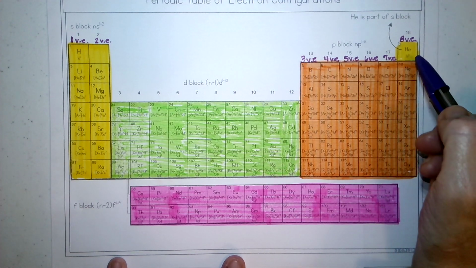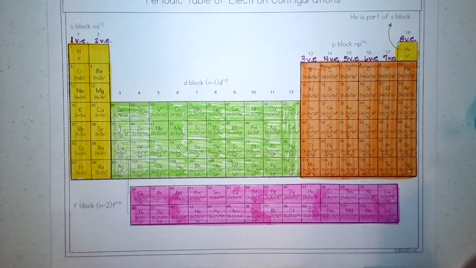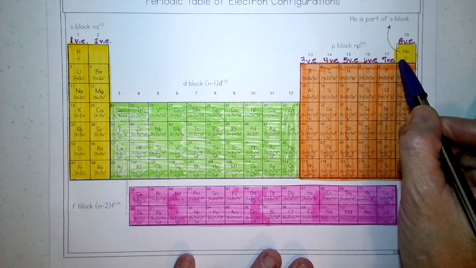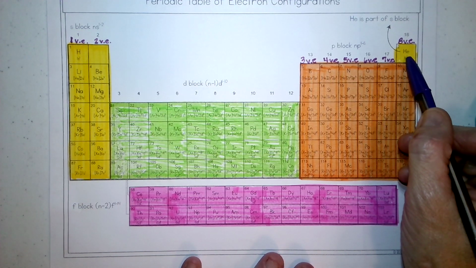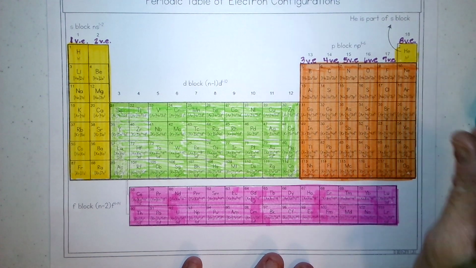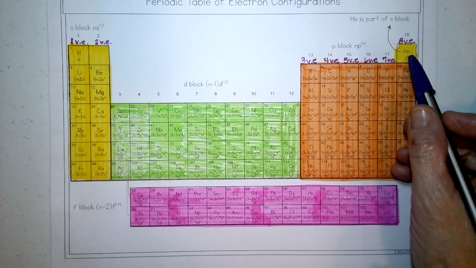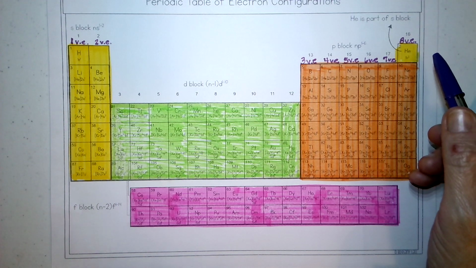Okay, now you see that this yellow is highlighted, and we'll get to what those different colors of the highlighting mean. But you see that helium is also yellow. And helium, even though it's over here, we'll get to why it's over here in a moment, only has 2 electrons, okay? It only has 1 energy level, and it only has 2 electrons.